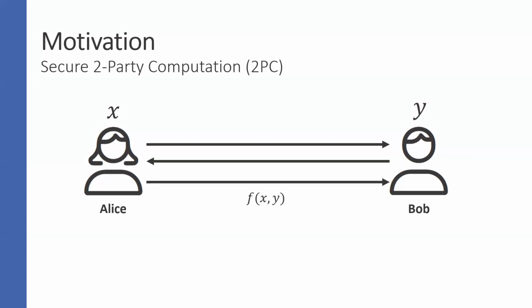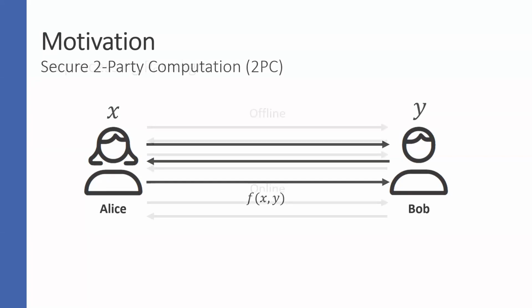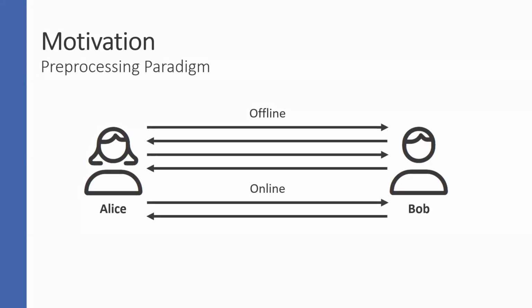While it is a very general and strong tool, it is quite expensive in both computation and communication. A common paradigm to mitigate this cost is to use correlations, which are samples of some joint distribution. These correlations can be generated in an offline phase before the inputs are known, and can speed up the online phase.